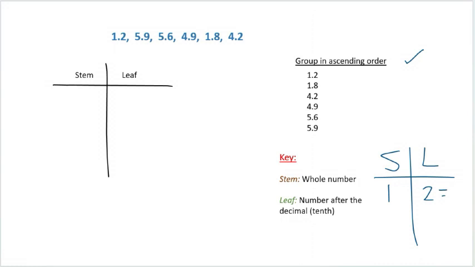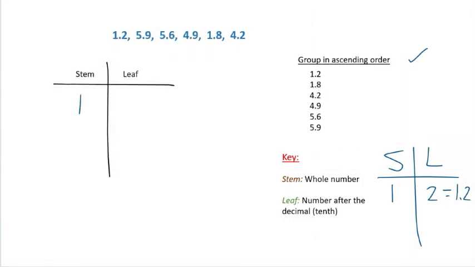So this equals 1.2. Under the stem we would have 1, and under the leaf 2 and 8. That would correspond with these two numbers. The next number in the stem we would have 4, and under the leaf we would have 2 and 9.